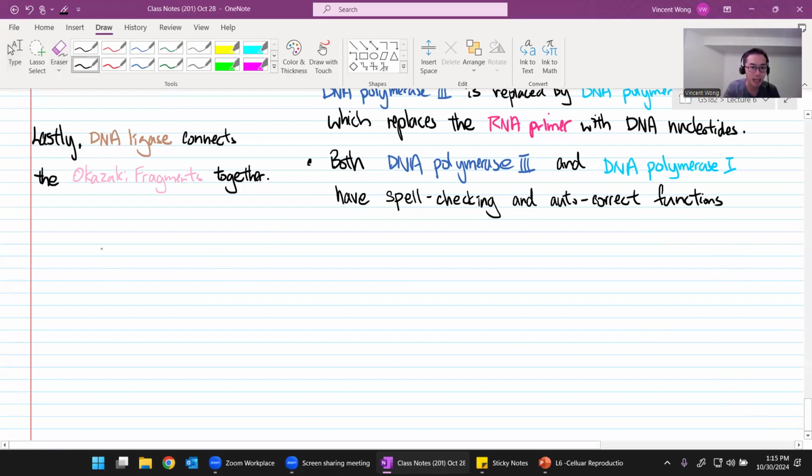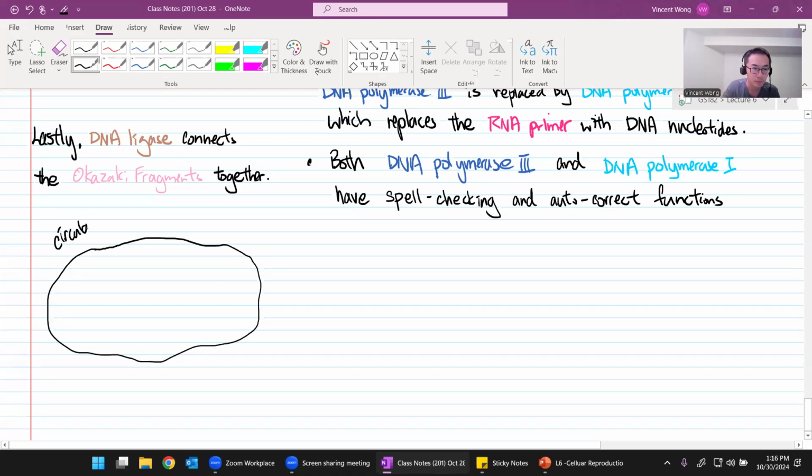Okay, so I'm just gonna draw it here. Okay, and it's double-stranded. So technically, I'm supposed to draw another loop, but I want to keep it simple. So just circular DNA in prokaryotes. And so this is kind of what happens, okay?